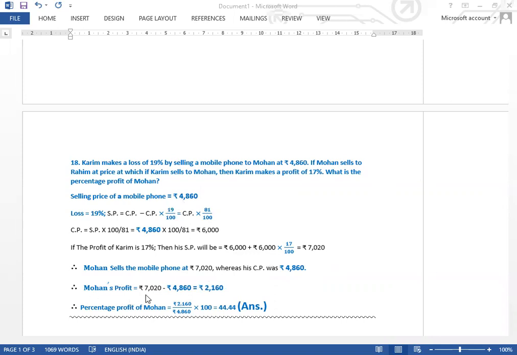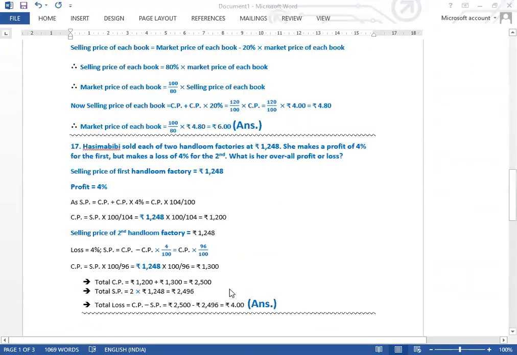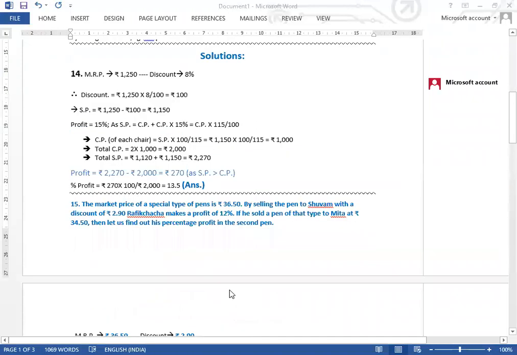Mohan makes a profit of SP minus CP, which is 7,020 minus 4,860, that is 2,160. So what is the percentage profit of Mohan? It is profit divided by the cost price into 100. So that gives you 44.44. So the percentage profit of Mohan will be 44.44.